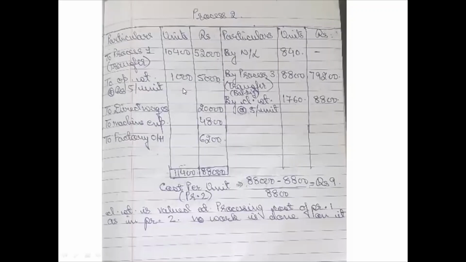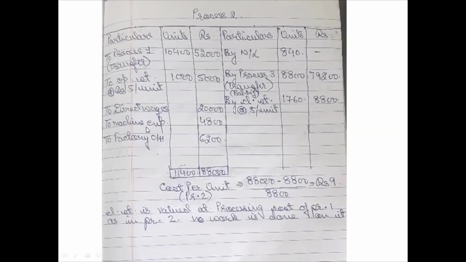A previously kept balance of 1000 units is also there, and work equivalent to 5 rupees was done on them. So the value of these 1000 units is 5,000 rupees. All in all, we have a total quantity of 10,400 plus 1,000.